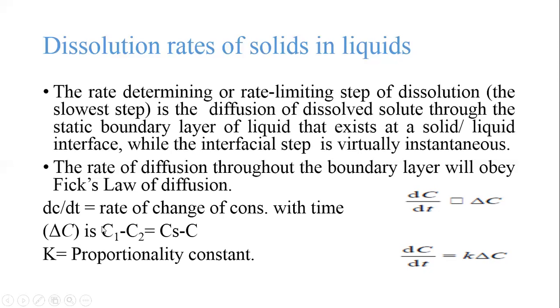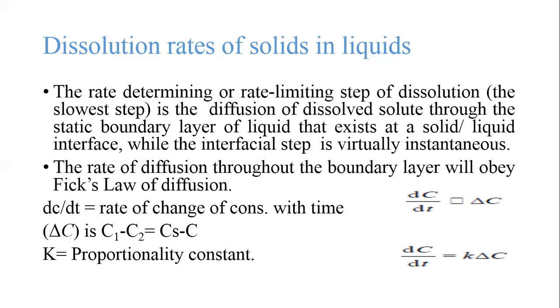At equilibrium, C1, which is the concentration of the solute in the boundary layer, will be equal to the saturated concentration, CS, and C2, which is the concentration of solute in the bulk of the solution, will be equal to C. K is a proportionality constant.